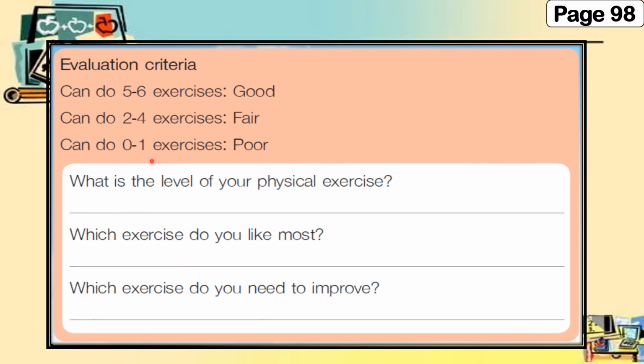So for example here, if you can do 5 or 6, you write good. If you can do 2, 3, or 4, you write fair. Now, if you can do one or you cannot do any, you write poor.